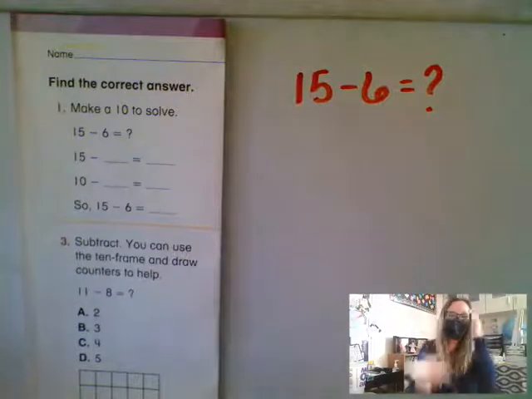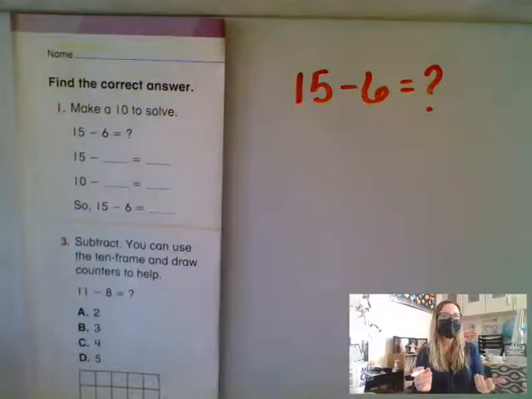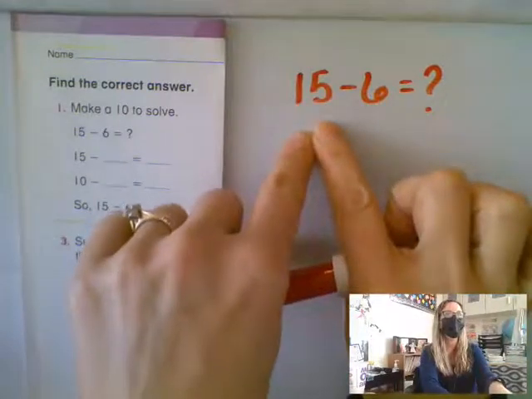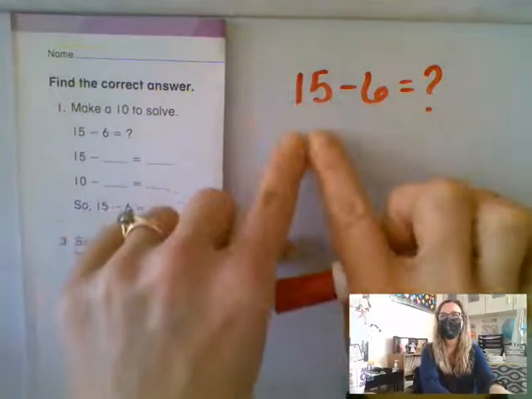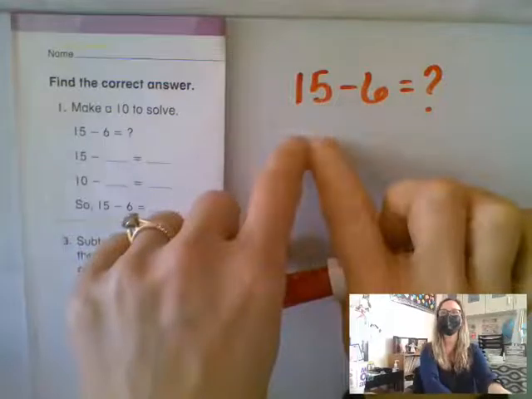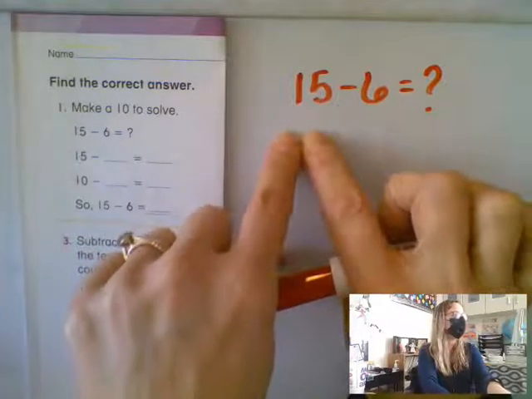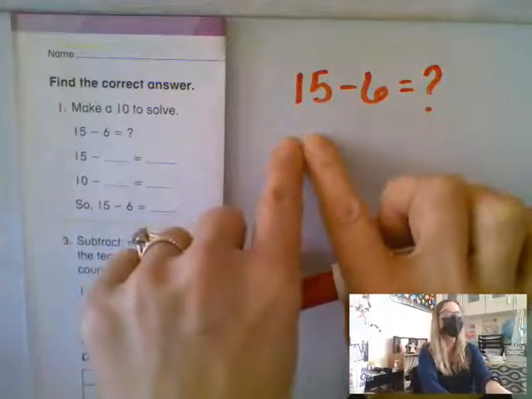So what that means when it says make a 10 is we have 15 here, which is 1 ten and 5 ones. But we want to isolate that 10. We want to get a 10 all by itself. So, Emma, what would I have to take away from 15 to get the 10 all by itself? The 5.